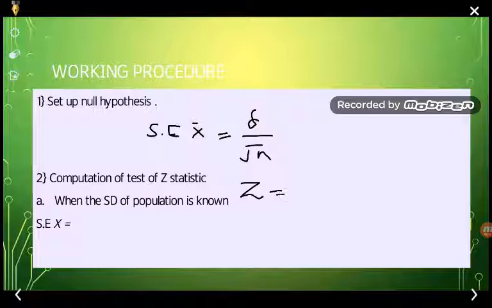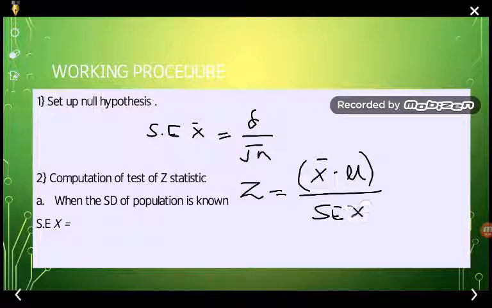Z is the difference between the sample mean and the population mean divided by the standard error of X bar, that is, Z equals X bar minus mu by SE of X bar, where sigma is the standard deviation. This is how we calculate the Z statistic where the SD of the population is known.